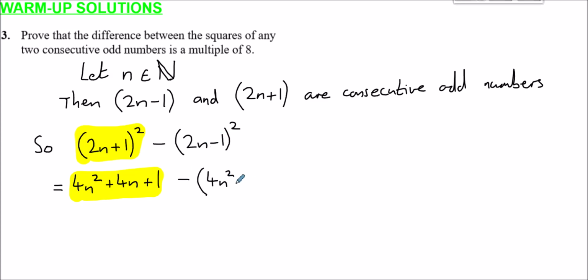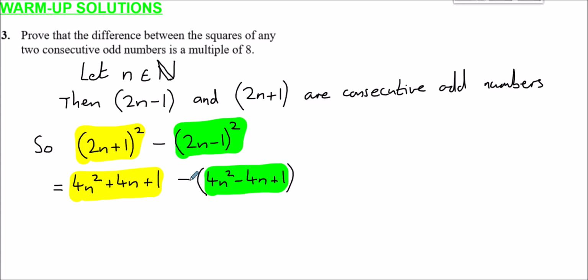Double that product gives us minus 4n. And minus 1 multiplied by minus 1 gives us plus 1. So what I've done here is put 2n minus 1 all squared into these brackets.